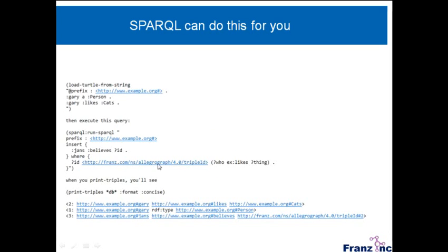Then you can say something about the triple ID of this particular triple by saying ID, and then this is the magic function that will find the triple ID for who likes a particular thing. Yeah? And then when you finally print it out, you see that we took the triple ID and put it into a normal triple.